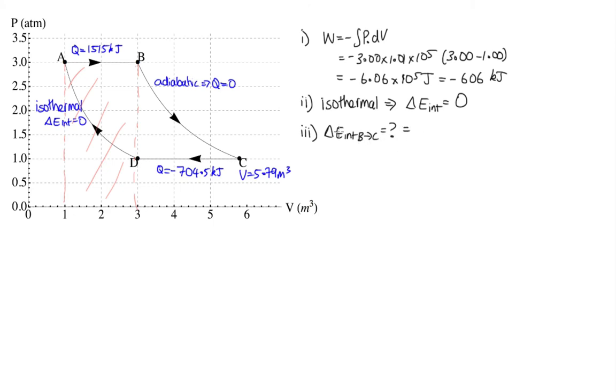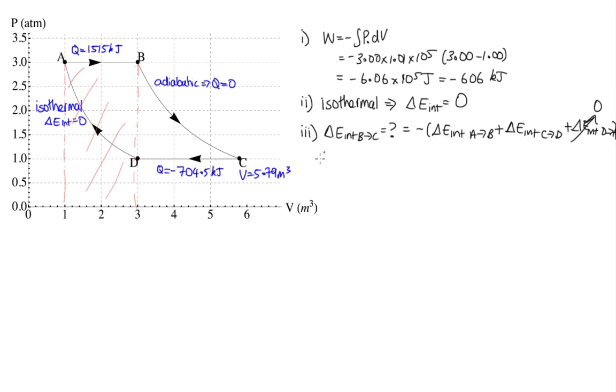So this is the negative sum of the other internal energies: the change in internal energy from A to B, plus from C to D, plus from D to A, which we already have. We know from D to A it's 0, so we just need to work out these two.